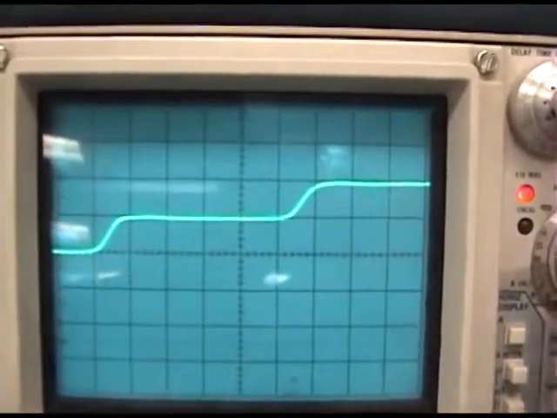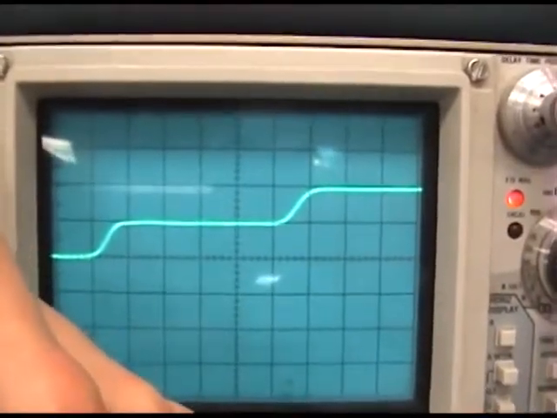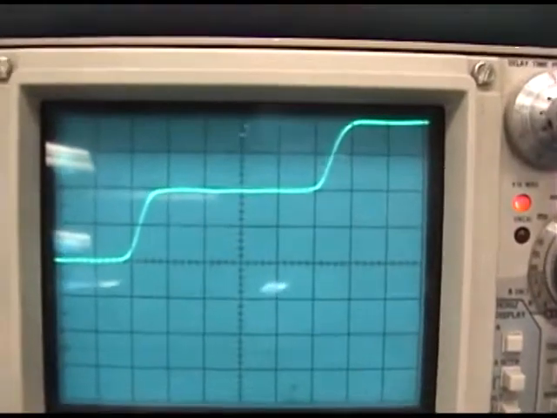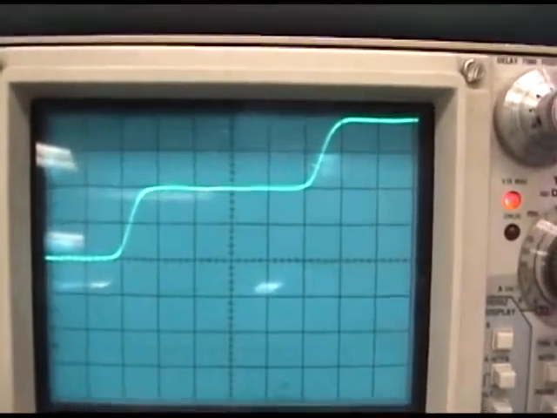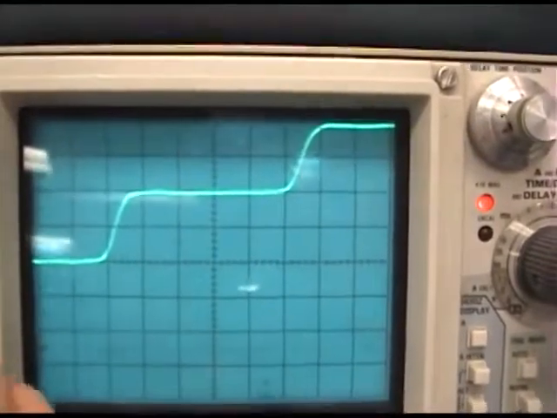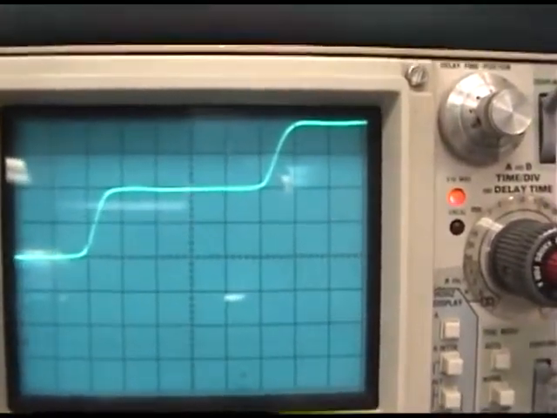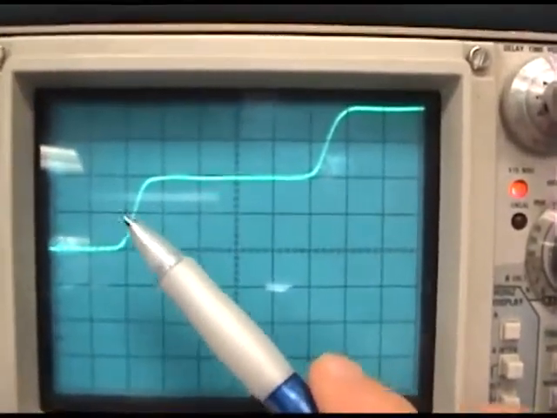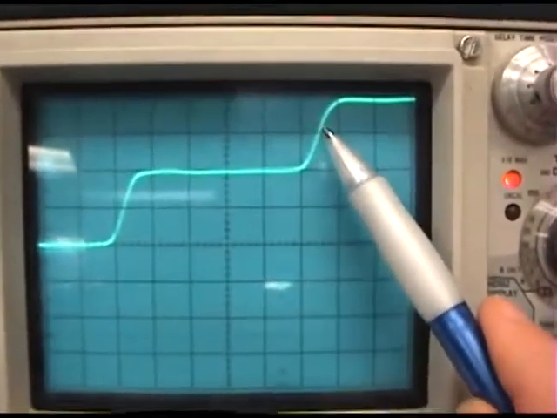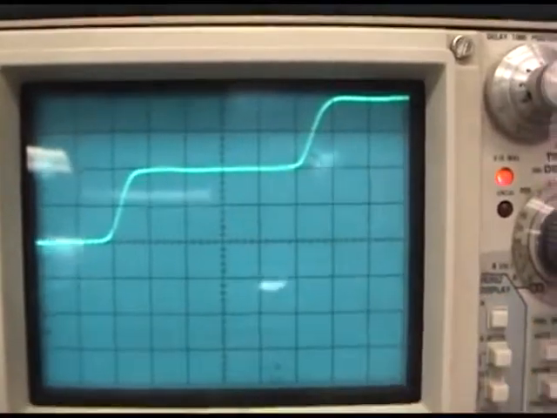And just to get a little bit more accuracy, I can turn my volts per division to 0.5 volts. I find I get the most accuracy by measuring at the 50% portions of the rise times.